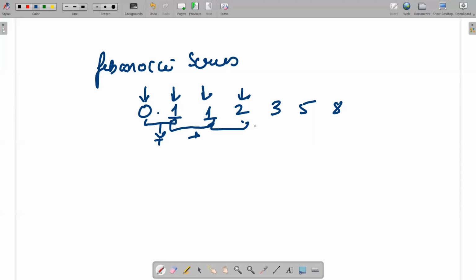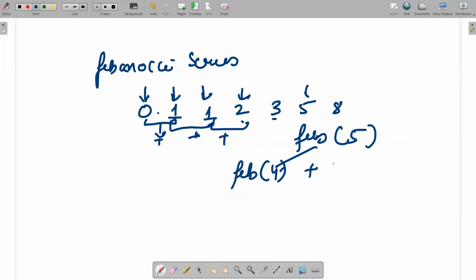Then the next answer, 1 plus 2, is 3. So if I want to calculate Fibonacci of 5, how are we going to calculate it? We will calculate it as Fibonacci of 4 plus Fibonacci of 3, right? That's what we have to calculate.